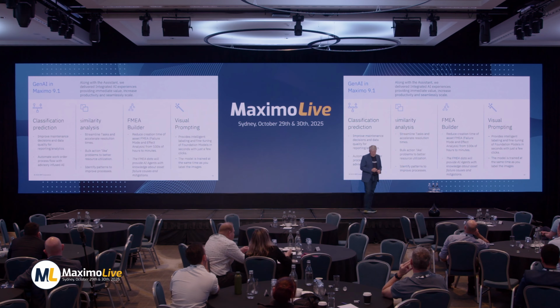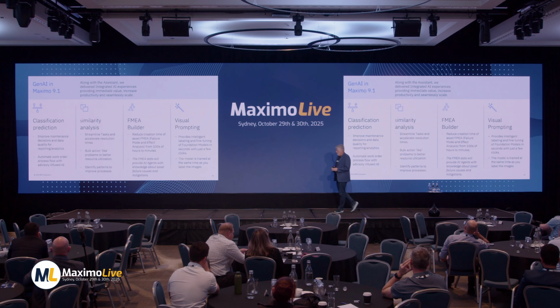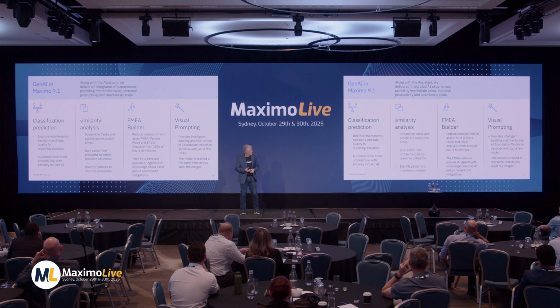And so we started usage of AI and delivering out of the box in the 9.0 release, okay? That was focused on the initial usage around what we call classification prediction. And that was primarily around problem codes. So what you'll do in the 9.0, and now in 9.1 you've got available to you, is you're going to provide a set of problem codes that are used in your organization.